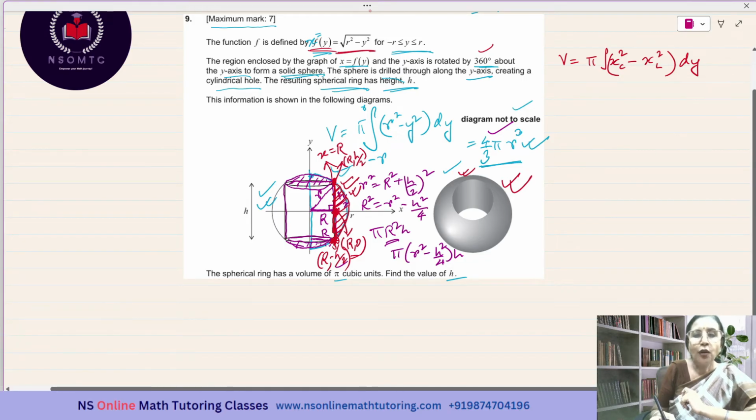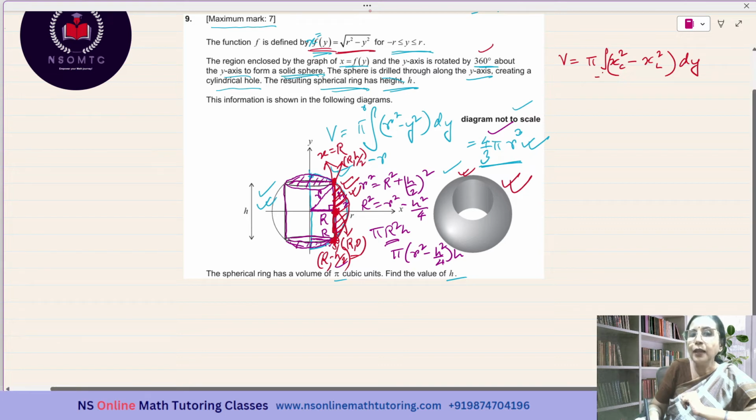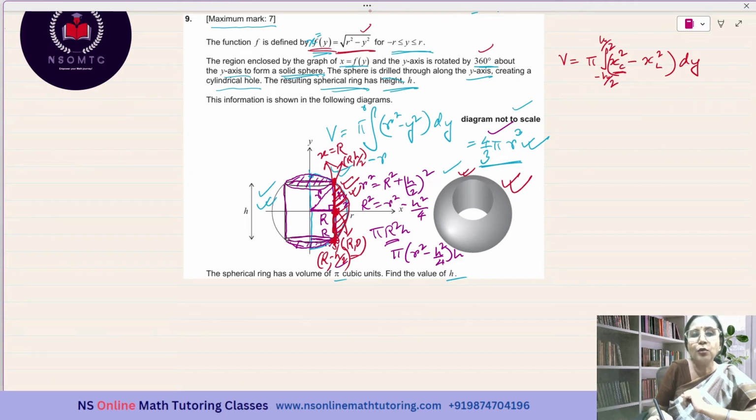Okay, so because we are integrating with respect to y, we will be taking the y coordinates. So the limits of integration will be negative h over 2 to positive h over 2. Okay, so now we will be just substituting the expression for xc which is equal to square root of r square minus y square, and the xl is equal to R.